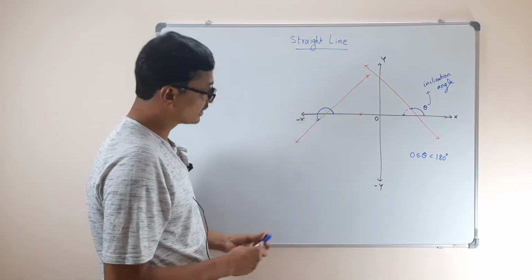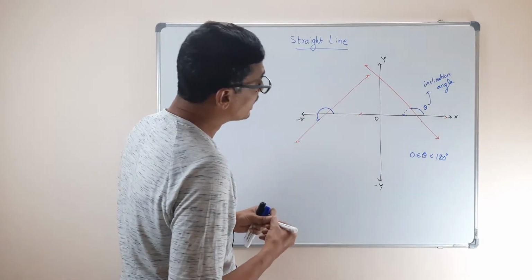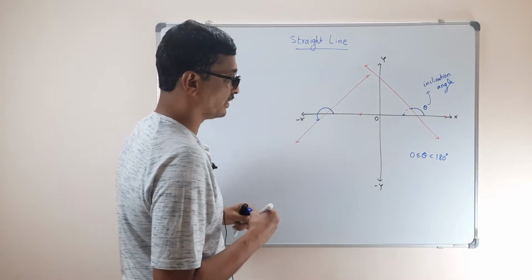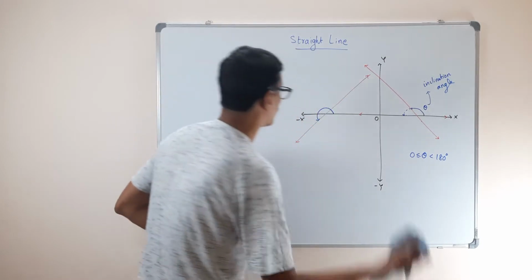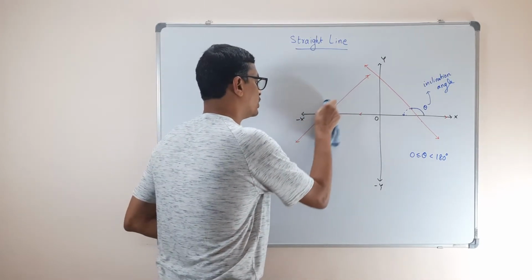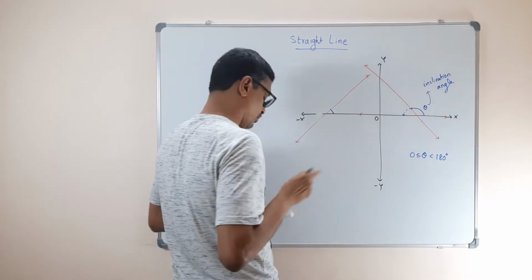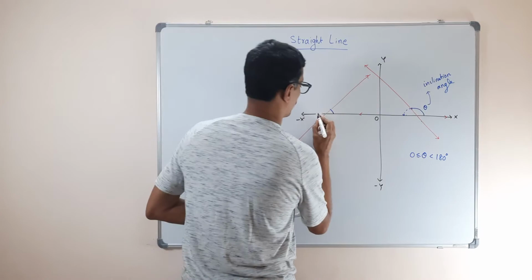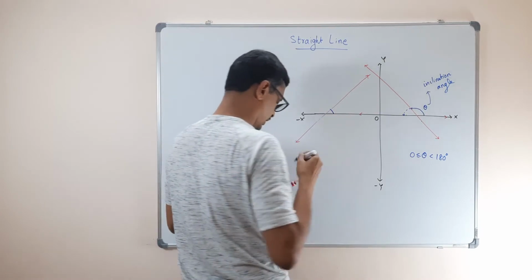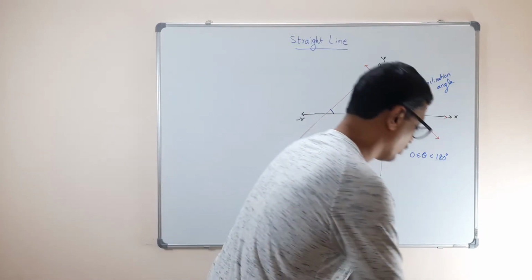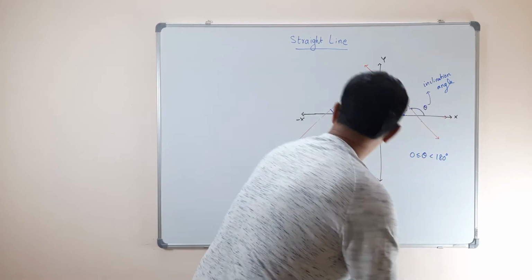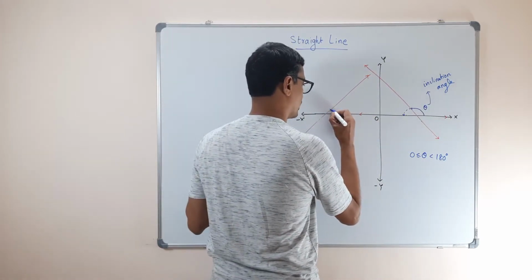And one more interesting thing is, if I draw any line parallel to this line. I wanted to show you here, this is not the inclination angle. This is the inclination angle, this is the theta here.